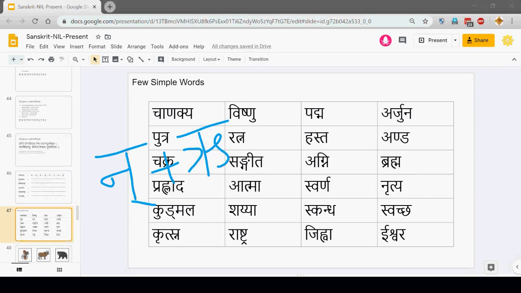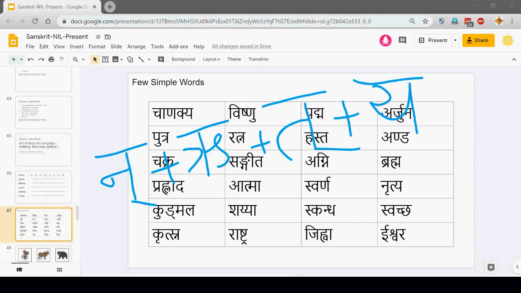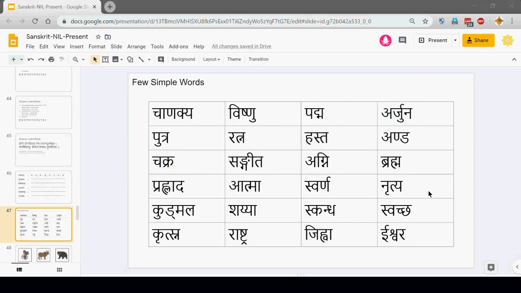After that we have ta consonant and ya. Nritya. Nritya means dance.